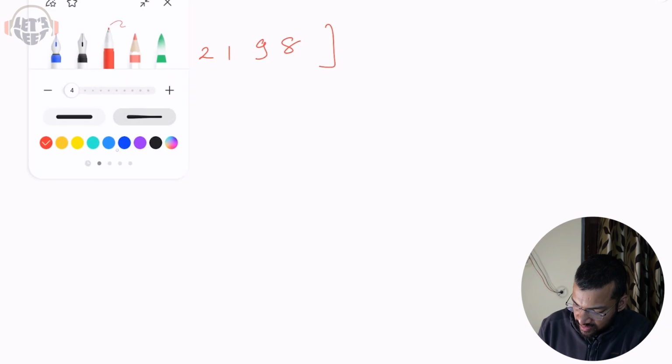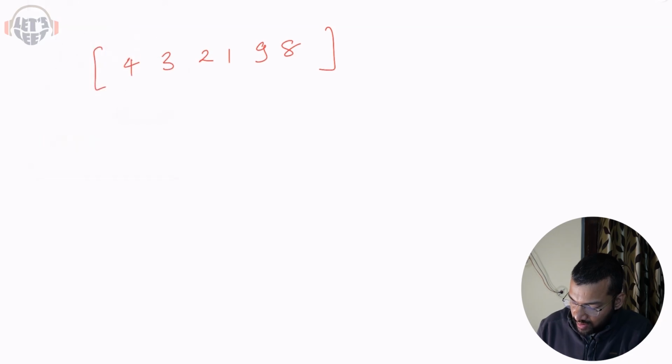Let's take an example, right? Let's say I have 4, 3, 2, 1, and then there is another period of, let's say, 9 and 8, right? Now, understand this. If we somehow identify the total smooth periods, for example, one period is this 4, 3, 2, 1, and then one period is this, right?